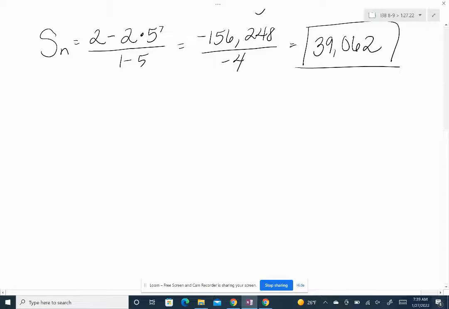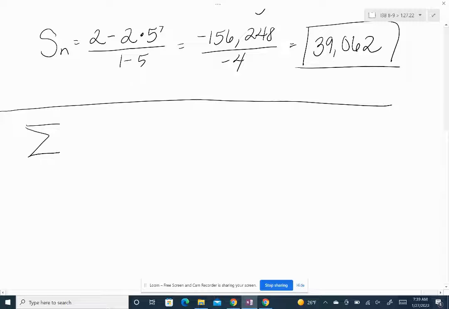Okay, let's take a look at another one. Let's say I have my first, starting off at 1, ending in row 8. It's going to be negative 6 to the i minus 1. So same thing, we need an a1, which is going to equal negative 6 to the 1 minus 1, which is negative 6 to the power of 0, which is equal to 1.